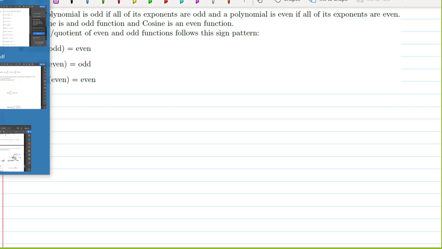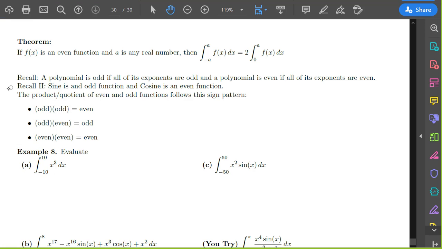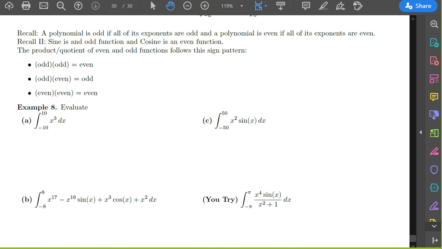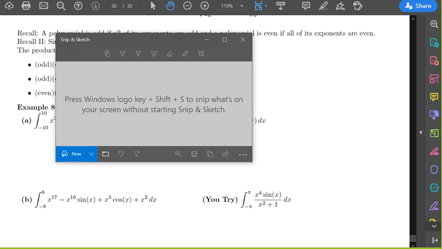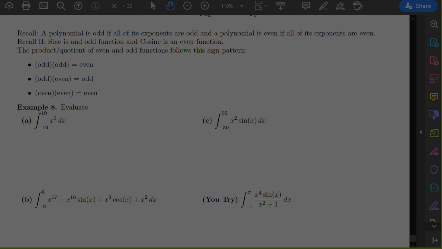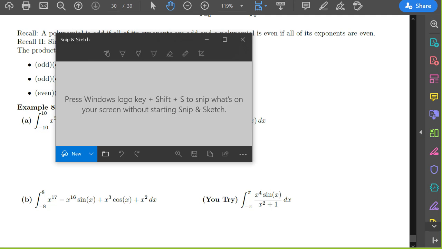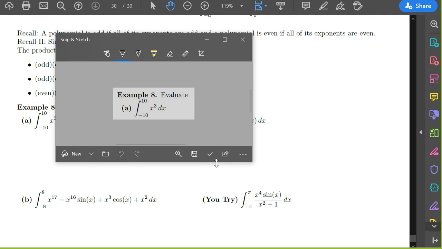All right, so now that we have this laundry list of things, let's go ahead and evaluate a couple of these.